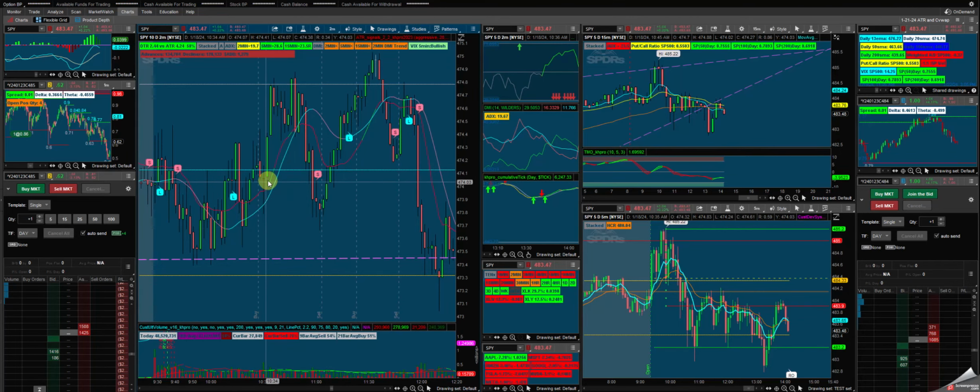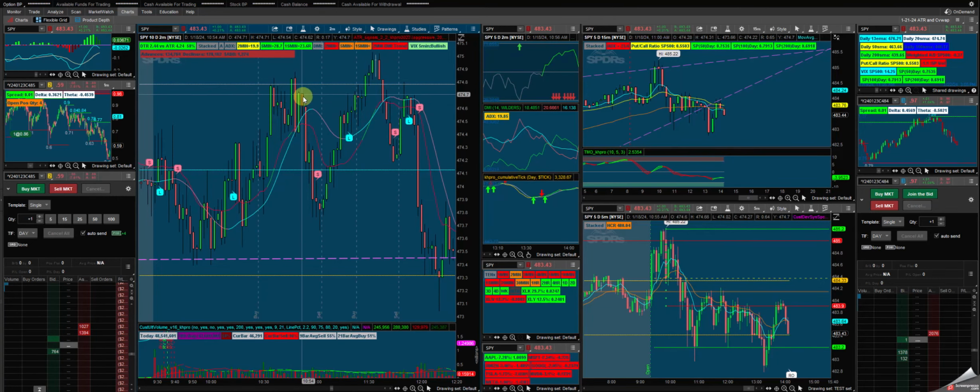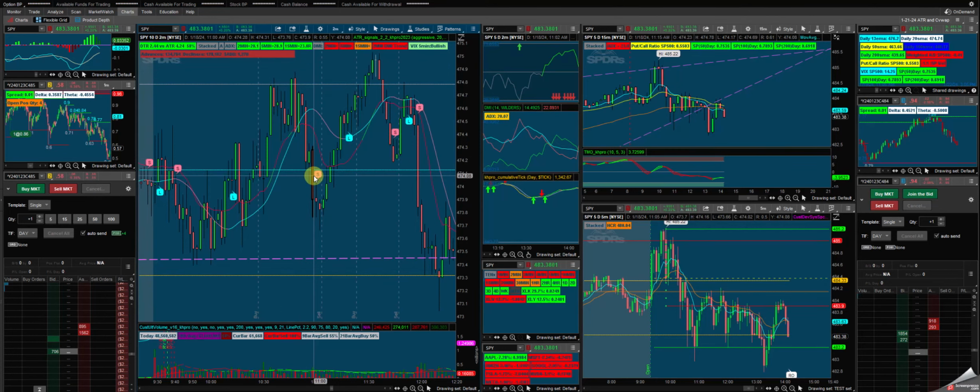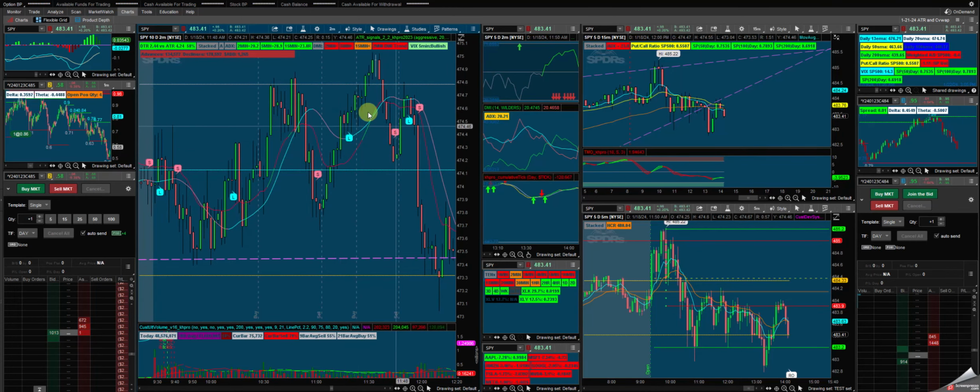Then the Chande VWAP turns green. That's 3. So we would take it. Up here, we have a short signal. We have a sell signal. That's 2 points. And third, a red Chande VWAP. But again, the trade didn't work out. But this was a very choppy day.